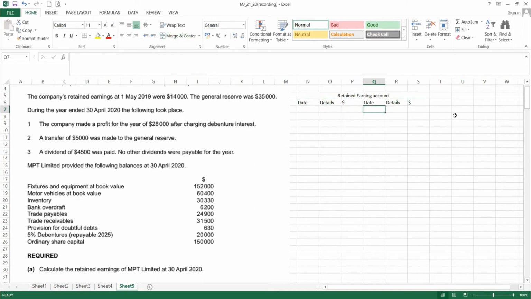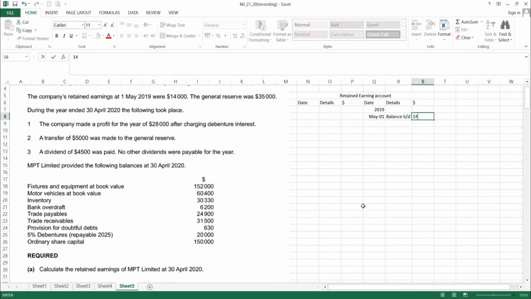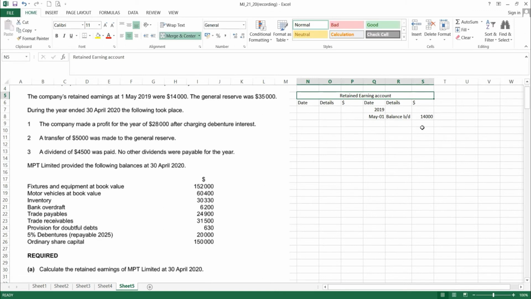Okay, beginning of the year 2019. There is the amount of balance brought down on the credit side because this is an equity section. Retained earnings is under the equity section.